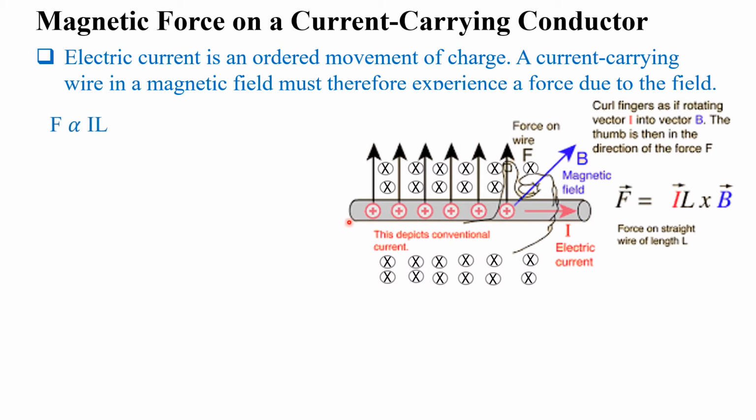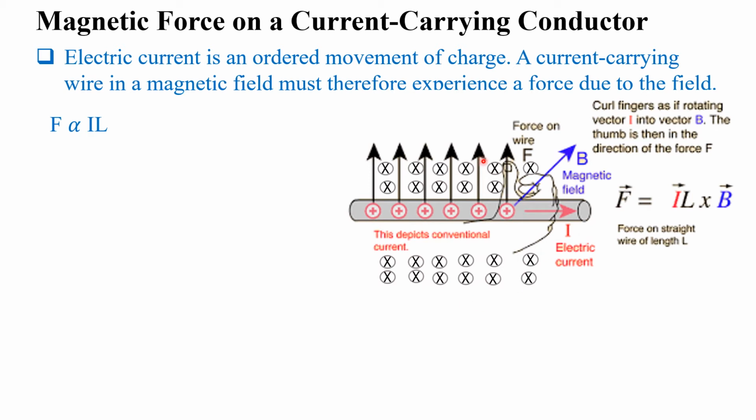Here we have a current carrying conductor, and there is a magnetic field around it. When we place this conductor in a uniform magnetic field pointing inward to the screen or paper, the magnetic field of this current carrying conductor and the uniform magnetic field in which it is placed interact with each other.